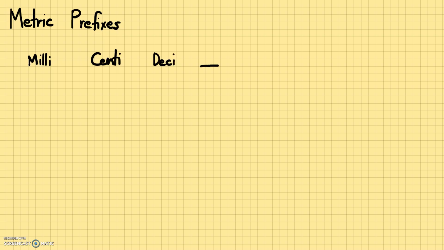And then I'm going to leave a little space here. This is when we don't have any metric prefix. Well, I can just say none here. And then we have deca. We have hecto. Hecto. And then we have kilo. This is the biggest one that we're going to go over.